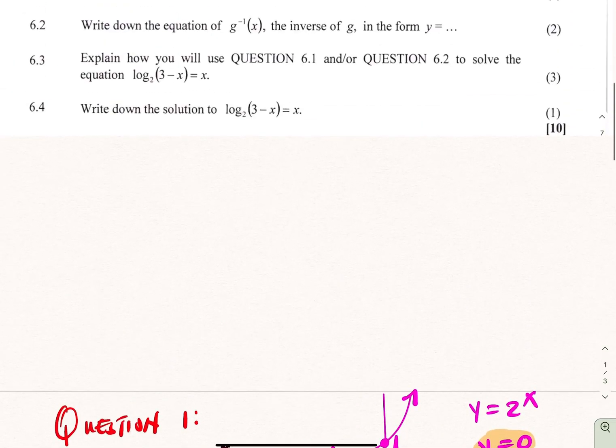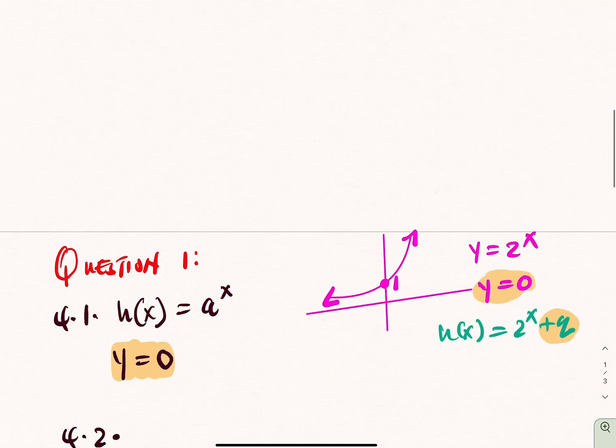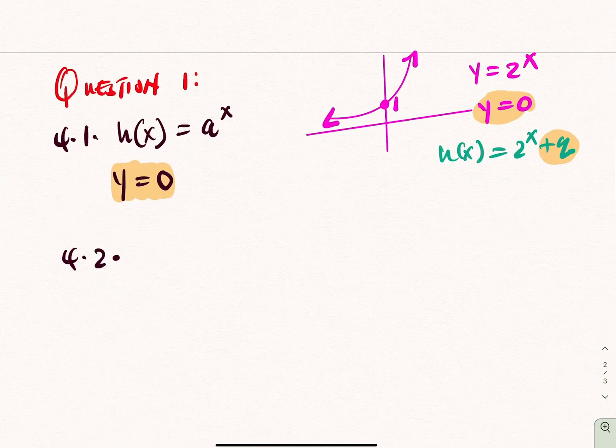Let's check what they are looking for. They say write down the coordinates of R. Because we're still talking about the parent function, the coordinates there are 0 and 1. Like I said to you, any parent graph, as long as it takes this fashion, even if you had its reflection, like y equals a to the power negative x across the x-axis, it will still behave like that, the blue one.